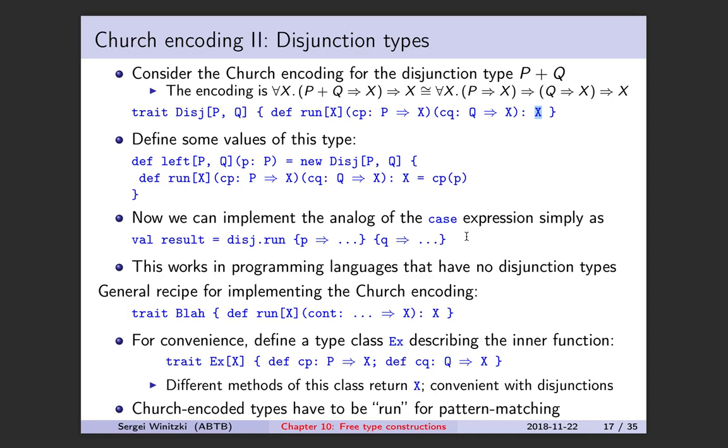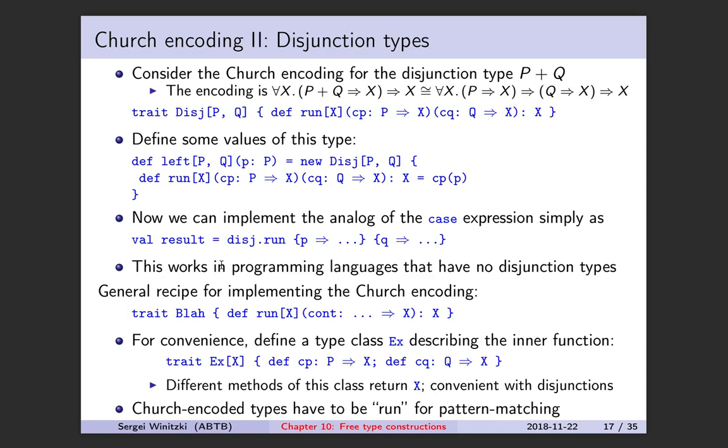So all we need to do is we need to create this construction, which does not have any disjunctions inside. Now this does. So this I would not be able to implement in a programming language that doesn't have disjunctions. But this I can implement in such a programming language.